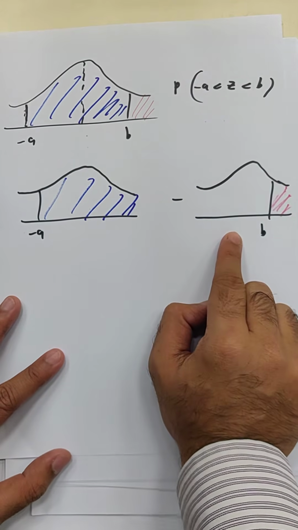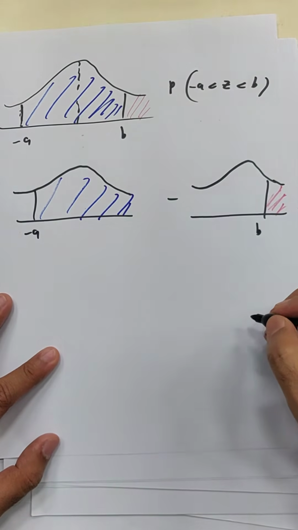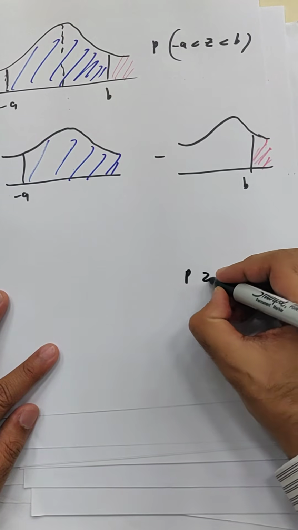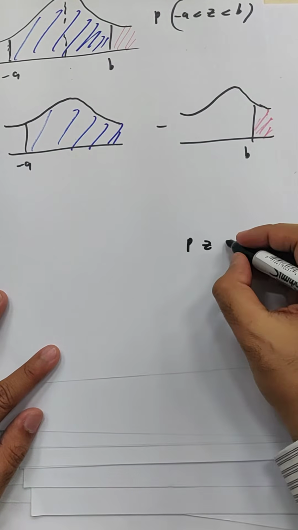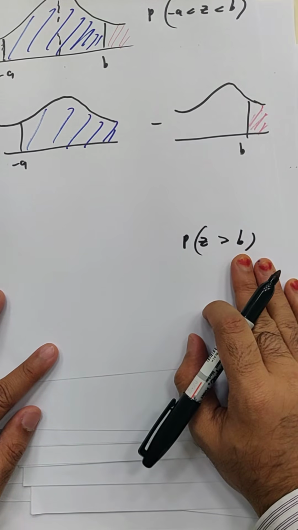This one is easier. How? This one is P(Z more than B). Alright? We agree?